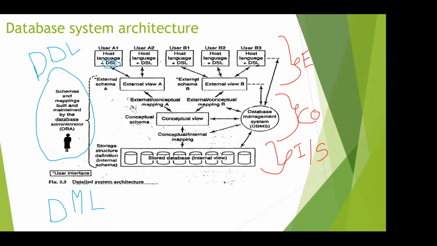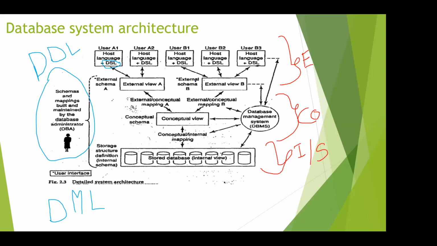So here we are defining each and every definition and each and every external record at the external view. The external schema is written using the DDL portion of the user's data sublanguage. So this is about the external level.